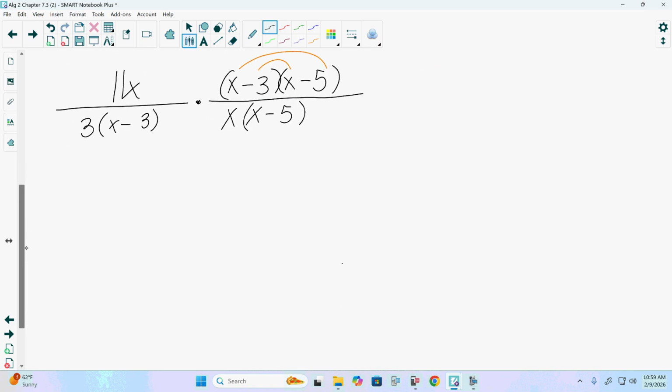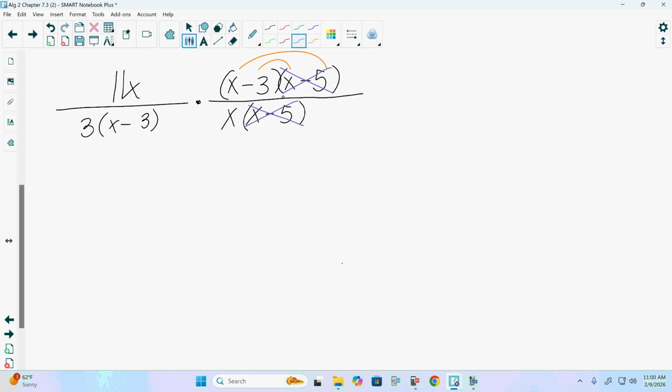Now at this point here, we do have something, especially in that second set of parentheses, that's similar to the first one, yes? What do we have on top and bottom? X minus 5, yes? Will these simplify? Well, yes. Will they simplify if I rewrite them as just one fraction? Is there anything that's saying I can't simplify it now? That I have to rewrite it? No, if there's something in common on top and bottom, cancel it out.